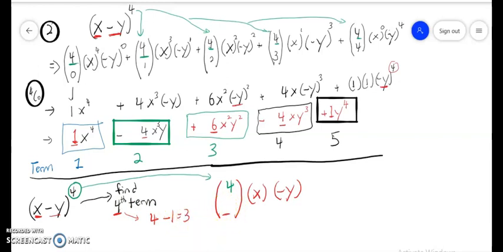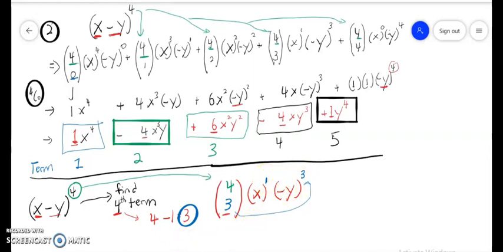So you have to substitute 3 here. Okay guys, why 3 is because they are starting with 0 and not with 1. That's why you have to minus 1. So if here's 3, automatically we write it down here, 3, and here will be 1. Okay, got it?